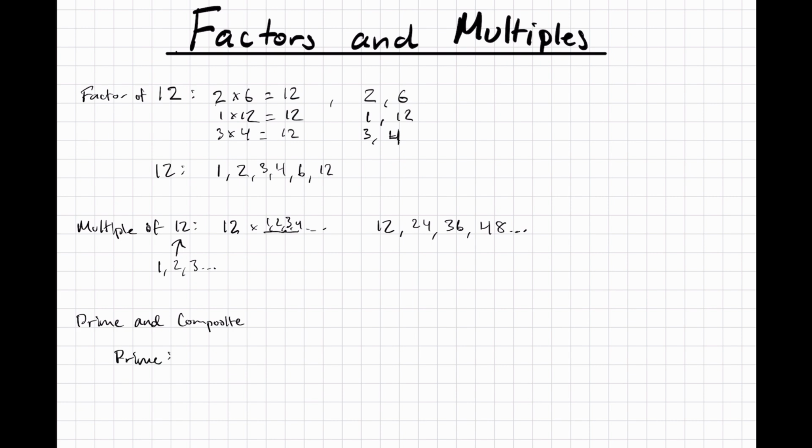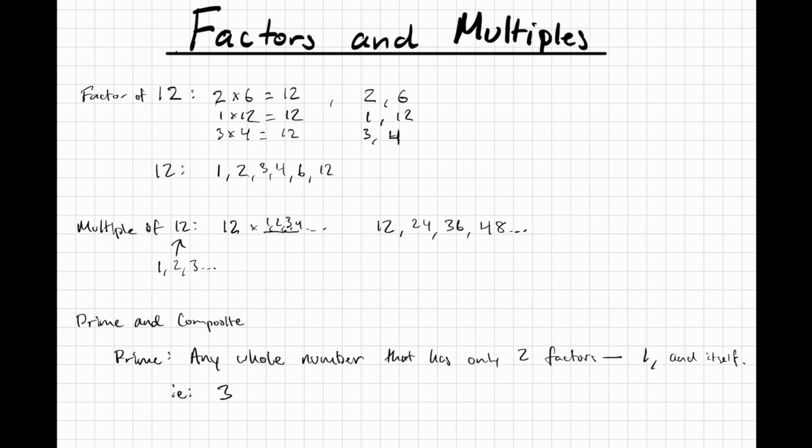Prime numbers are any whole number, any integer greater than 1, that has only two factors, namely 1 and itself.